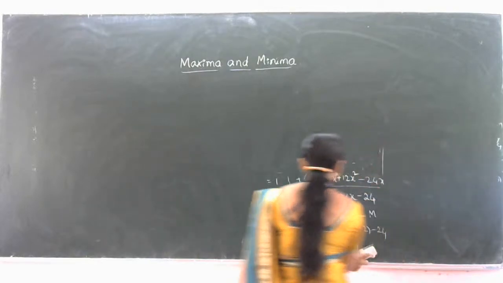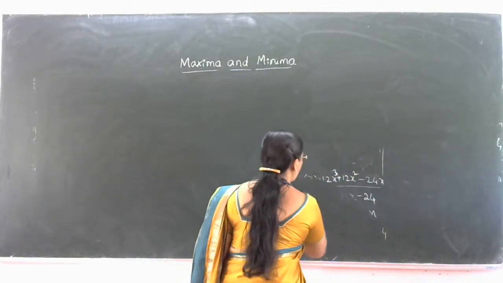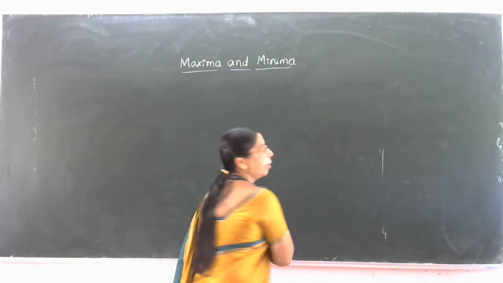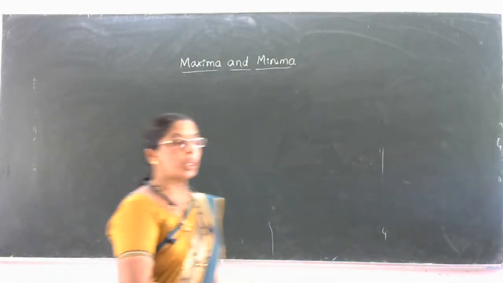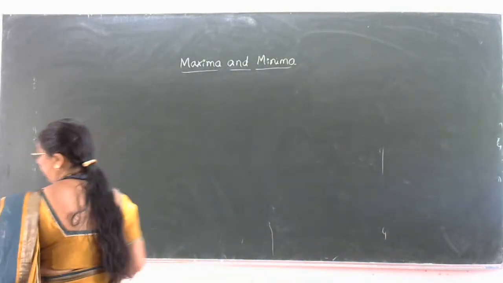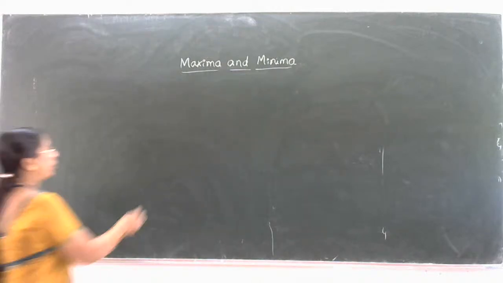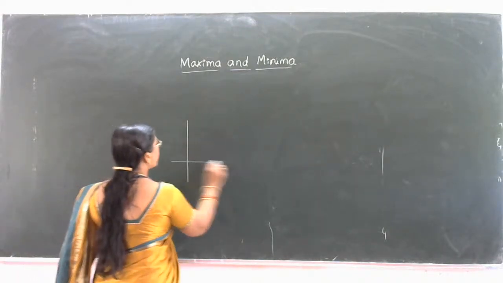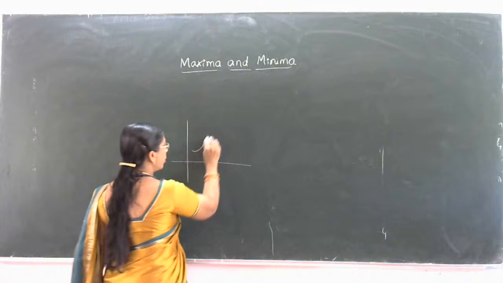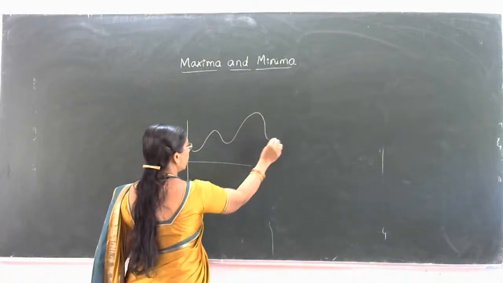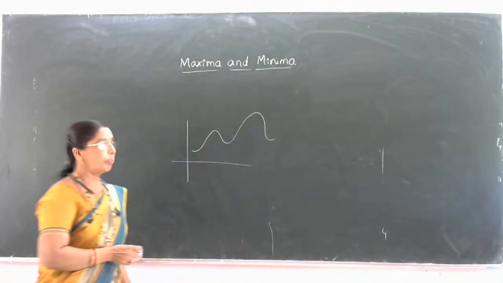We find the next absolute maxima and minima in the closed interval. What we have taken here is an open interval. Then we find the maxima and minima at a closed interval.